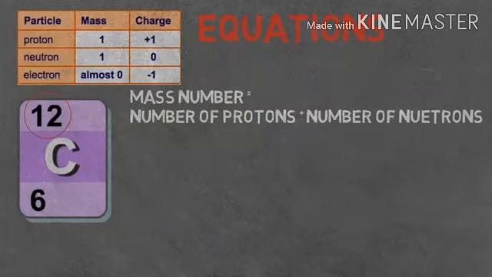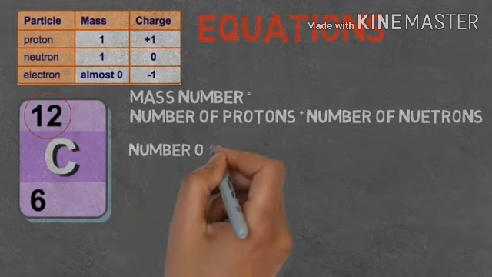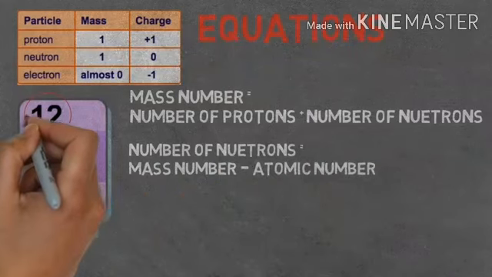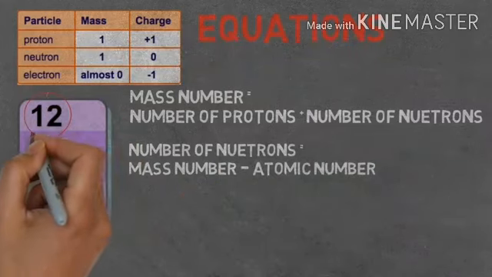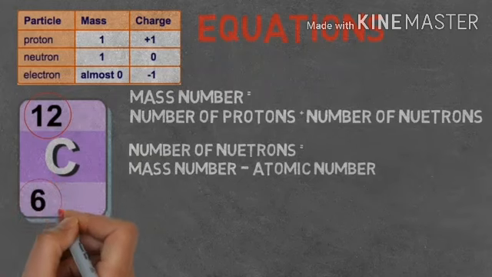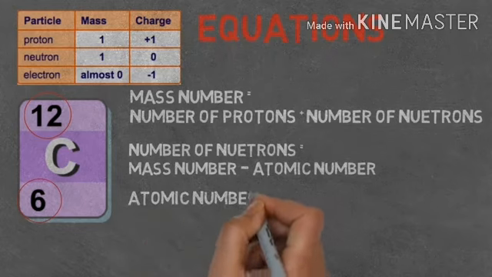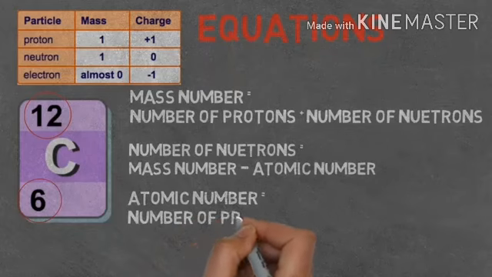The mass number, written on the top of the element, we also call the atomic weight. The mass number is the number of protons plus the number of neutrons. Hence, mass number minus atomic number will give you the number of neutrons.